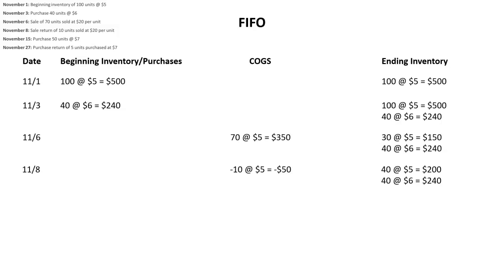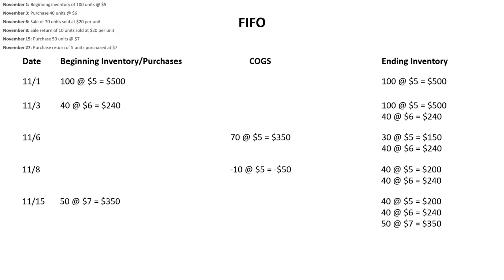Then you can take a look at the updated ending inventory. Going into this day, we only had 30 units at $5 each. But now 10 of those were just returned back to us. So now we have 40 units at $5 a piece. And we have another 40 units at $6 a piece.